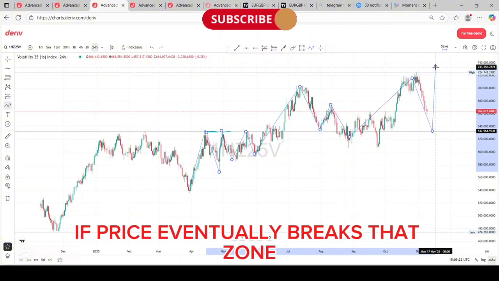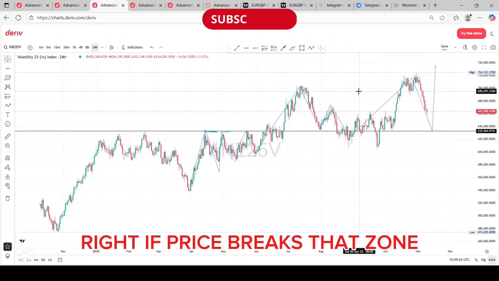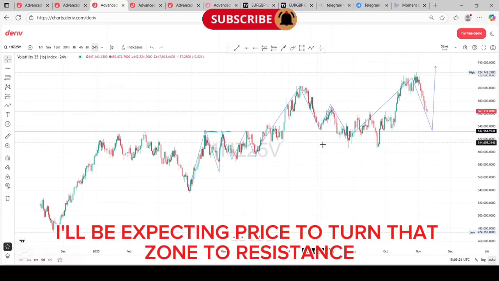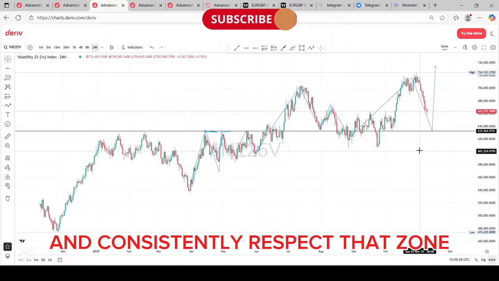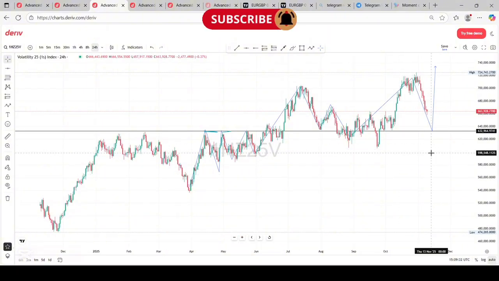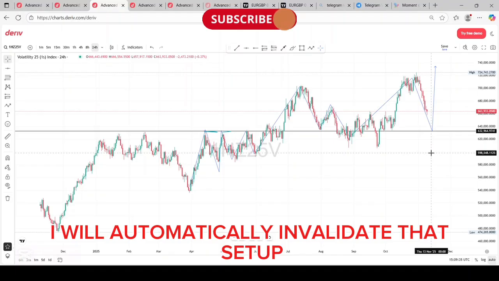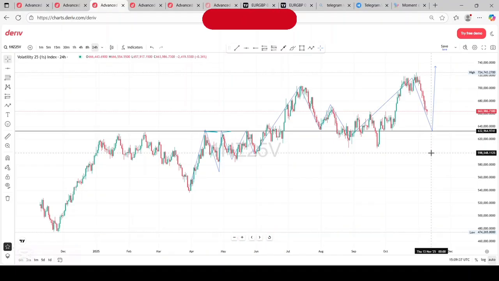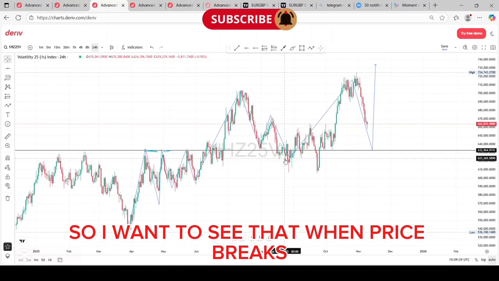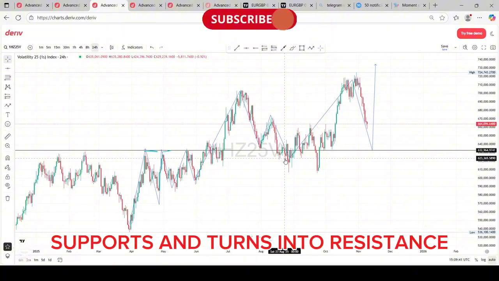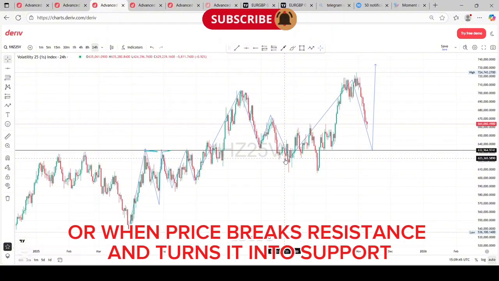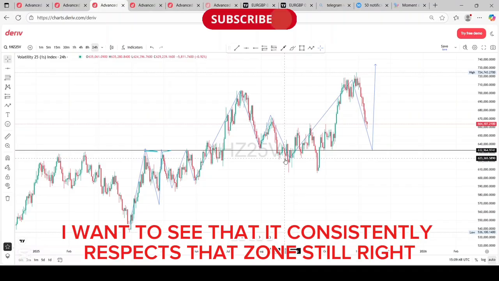If price eventually breaks that zone, I'll be expecting price to turn that zone to resistance and consistently respect that zone. If it doesn't happen that way, I will automatically invalidate that setup. So I want to see that when price breaks support and turns it into resistance, or when price breaks resistance and turns it into support, it consistently respects that zone still, right?